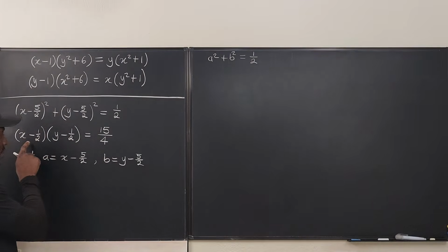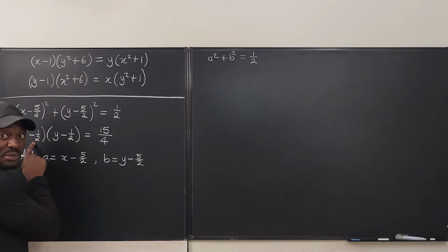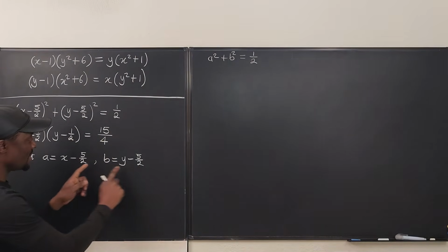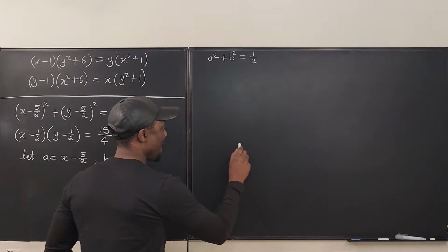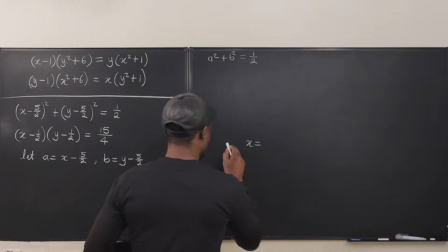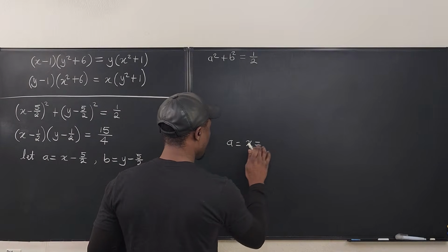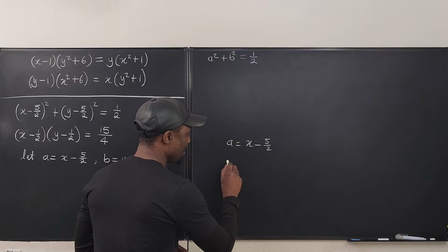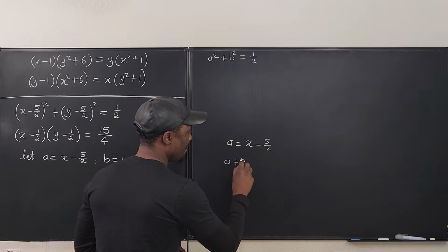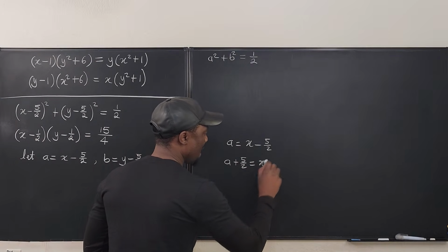Okay, we want to try and write this also in terms of a and b. So what we're going to do here is isolate x and isolate y. So if a equals x minus 5/2, we can say that then a plus 5/2 is equal to x.